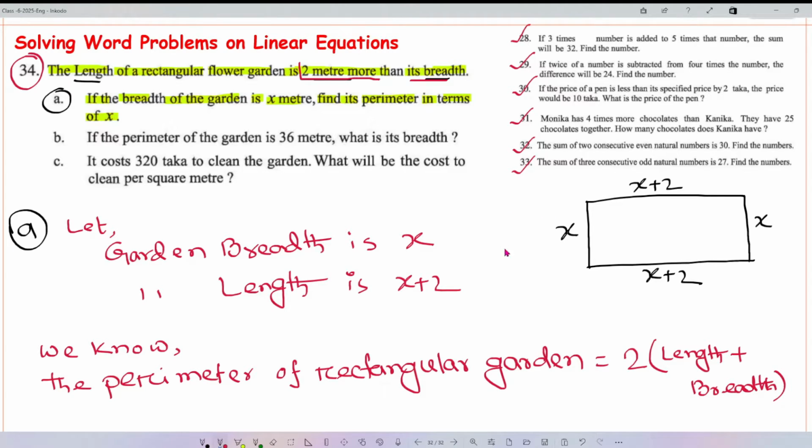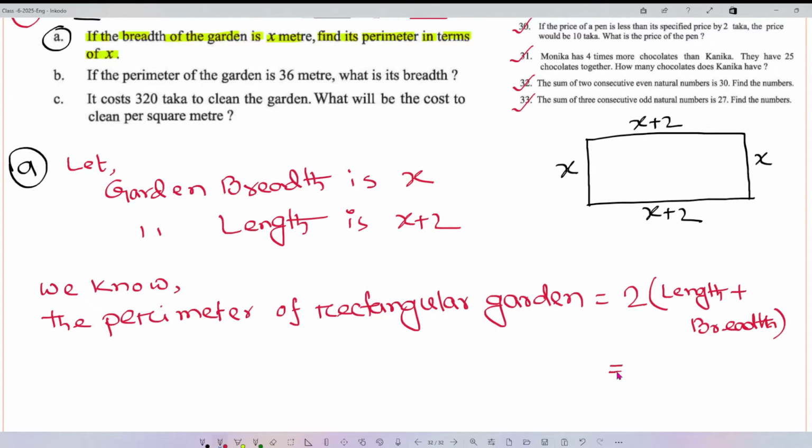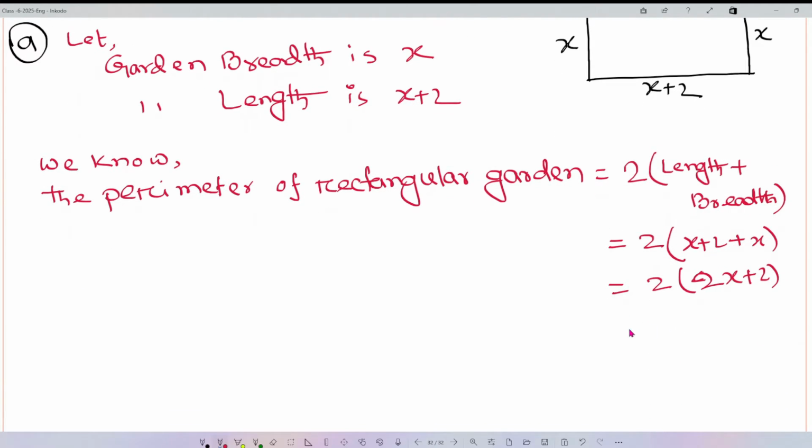Okay, so this is 2, length is x plus 2 plus breadth is x. So here is 2, x plus x is 2x plus 2, right? So we can say this one is 4x plus 4.